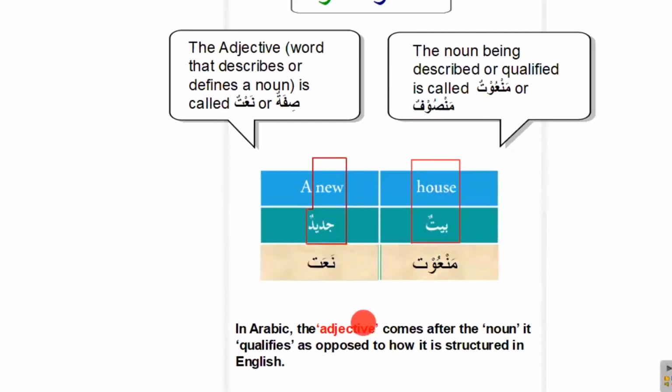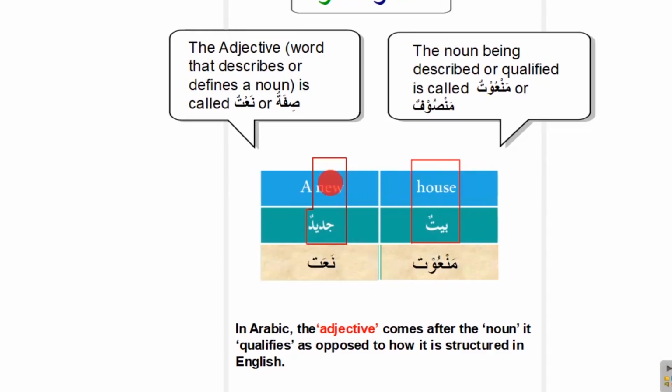How it is written in Arabic is different from how it is written in English. Like if you observe here, a new house: the adjective comes first. In English, that's always how it is. An old man, the adjective comes first.